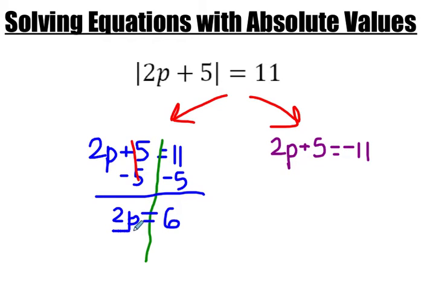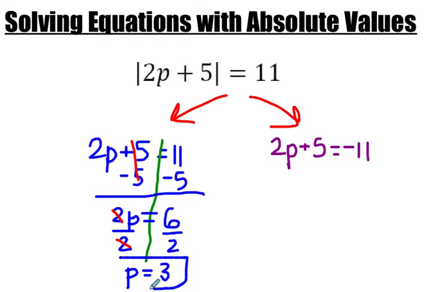And then to finish solving, I'm going to divide both sides by 2. When I divide by 2, these 2s on the left-hand side will cancel, and 6 divided by 2 is 3. So for my first answer, I can say that p is equal to 3.